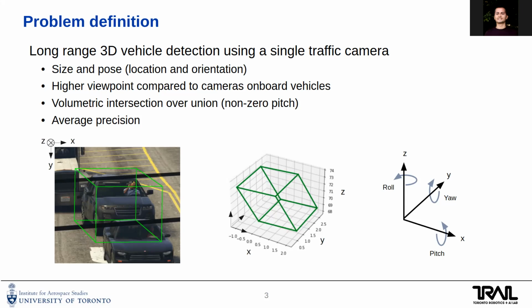And since the camera has a higher viewpoint compared to cameras on board vehicles, we need to account for rotations of the 3D bounding box, which means these boxes will have a pitch value. The metric we use to evaluate our models is average precision.